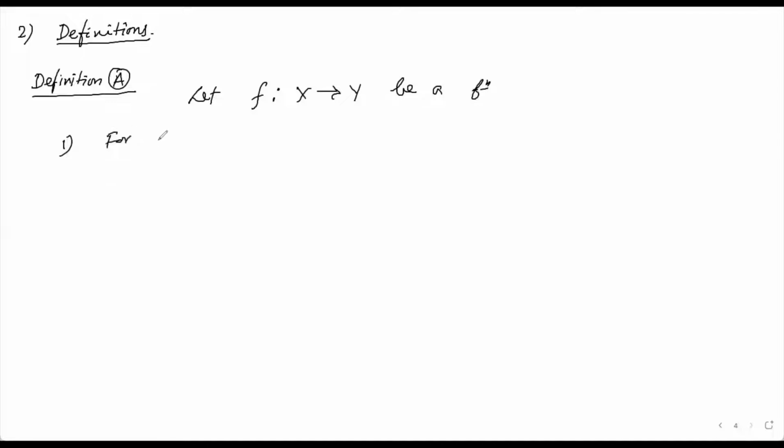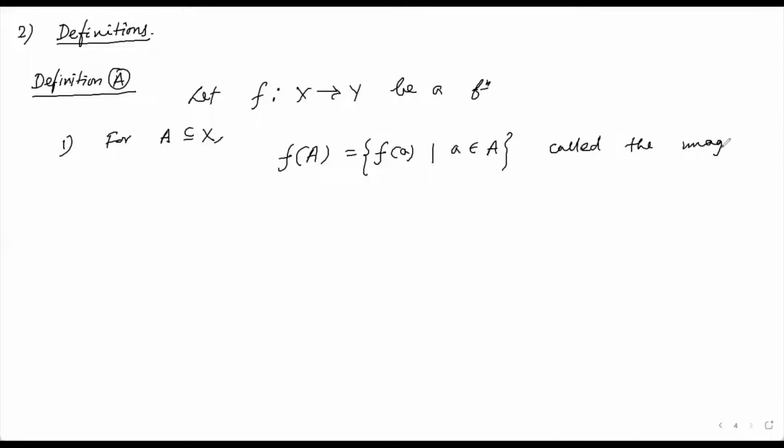Then for a subset A of X, we define f of A, equal to the set of all images f of a, such that a belongs to A. This is called the image of the set A under the function f.